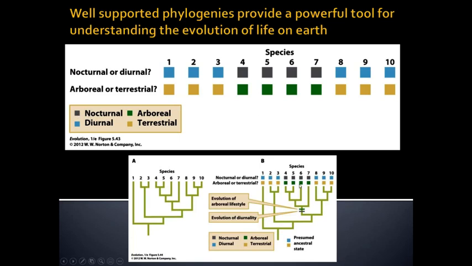And that's a cool little thing. And then scientists may even begin to ask, well, which came first? Did these organisms move up into the trees and then become nocturnal? Or did they become nocturnal and then move up into the trees? And with this data set, we can't answer that. But if we were able to find additional species that maybe had one character and not the other, and put it into the phylogeny, that might help us to understand the evolution of this thing.